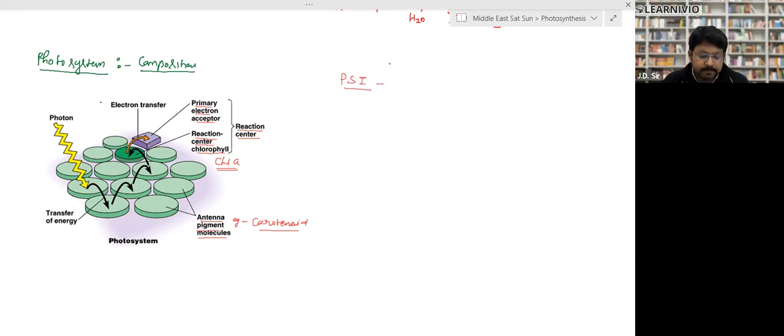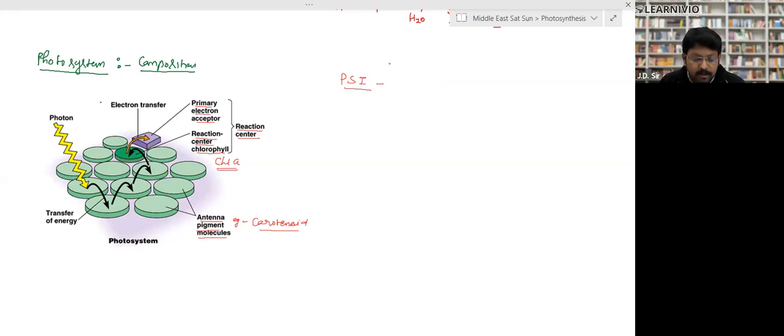In green plants, the photosynthetic unit occurs in the form of two distinct groups called photosystem or pigment system 1 and 2.